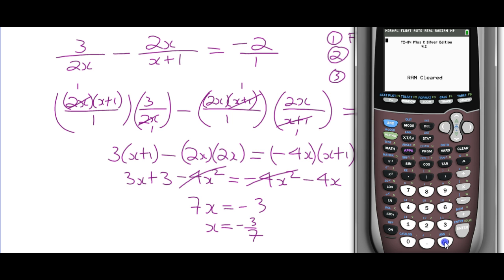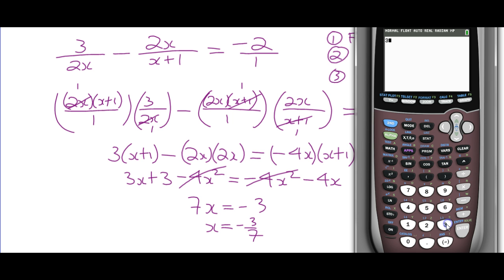So I can go -3 divided by 7, enter, right? And I can store that in x, right? So store, that's down here, and it says take the answer and put it into x. So now anytime I use x, so if I went like 2x, right, I get 2 times the x value. So the x value is in there, right? So now I can go and do this. Okay, so let's clear that.